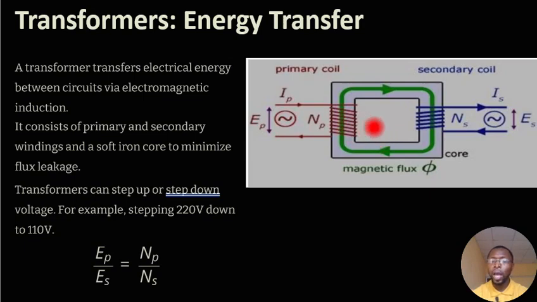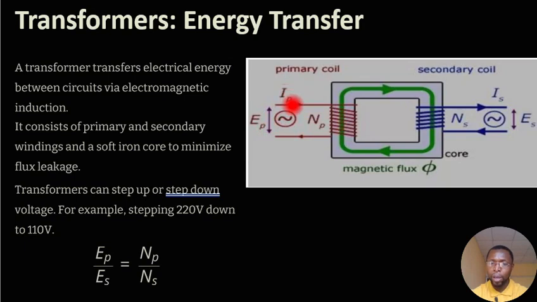Now, before we talk about the types, let's talk about the composition of a transformer. A transformer consists of primary coil, secondary coil, and also the magnetic flux. Okay, the primary coil is the part that is connected to the source of the electrical energy. That's where the source of electrical energy comes from. We see here in it we have what we call the primary current.